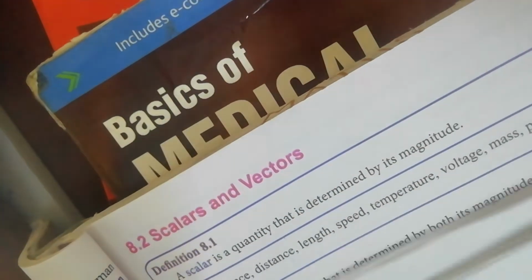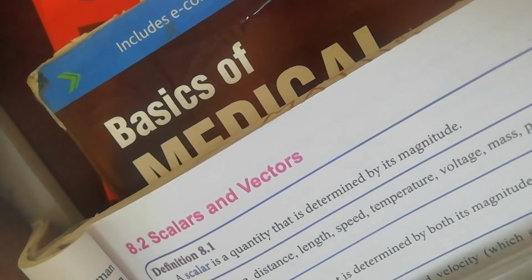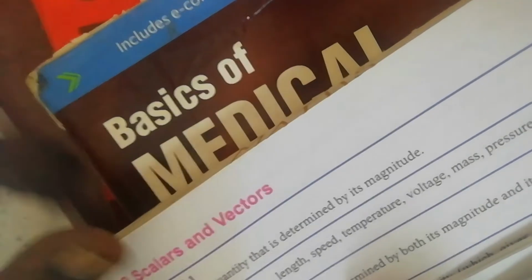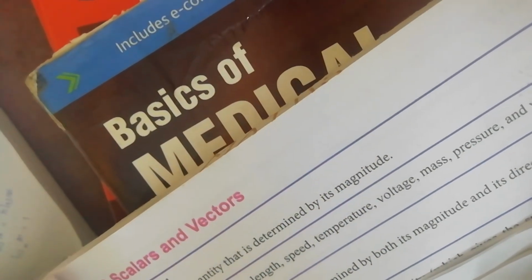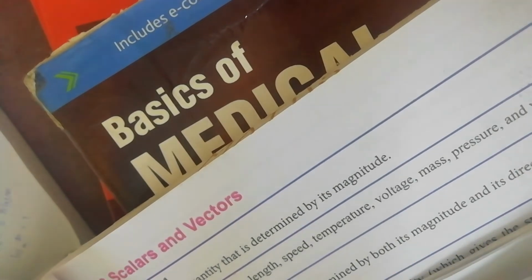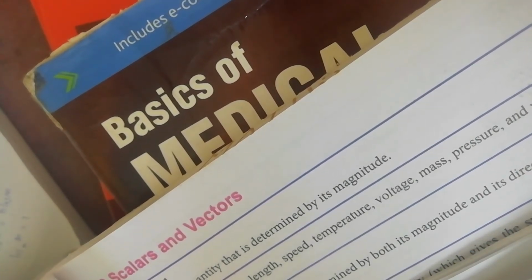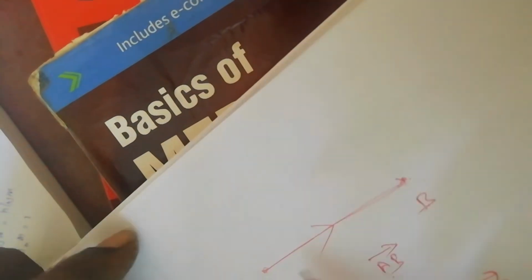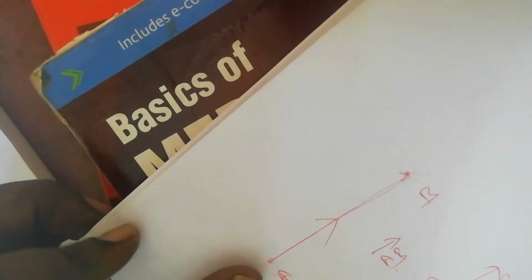Next definition: a vector quantity is determined by both magnitude and direction. Hence it is a directed line segment. A line segment means a finite value from A to B; some length is there.